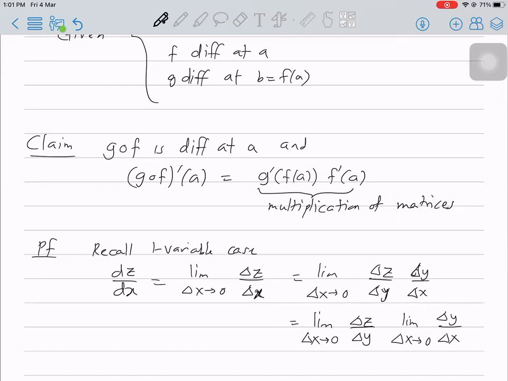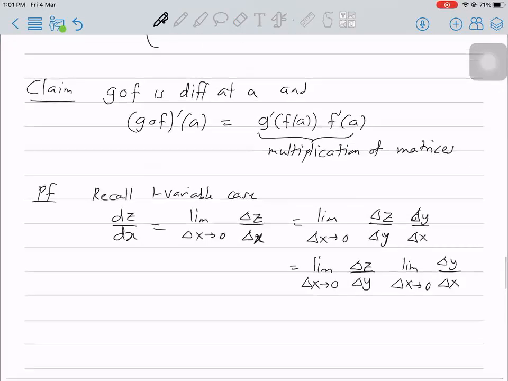Why can I replace that by delta y? Because y is a continuous function of x. That's a consequence of it being differentiable, right?